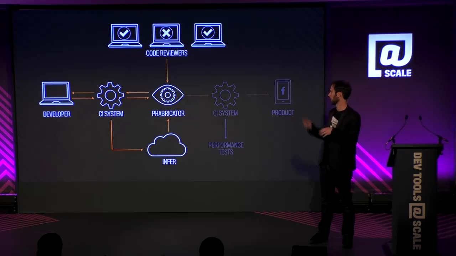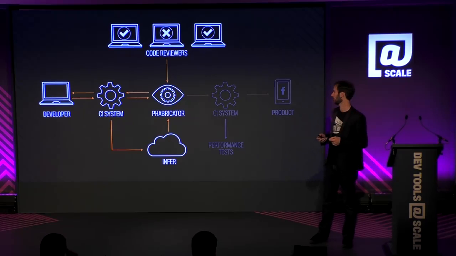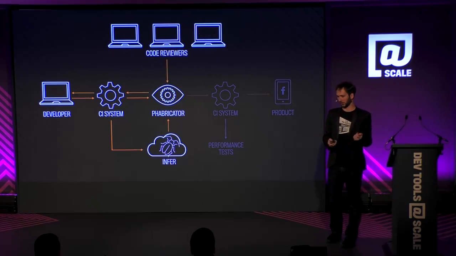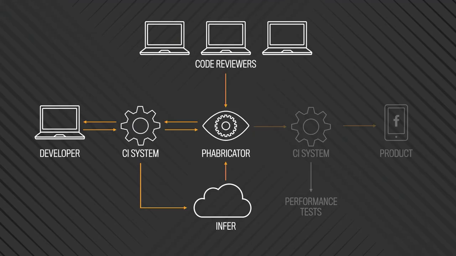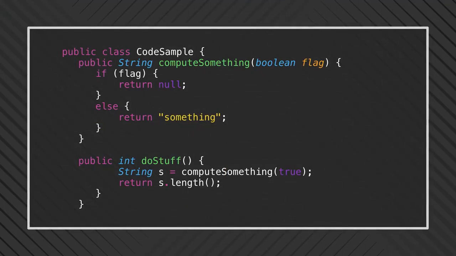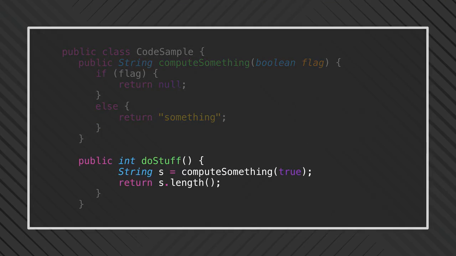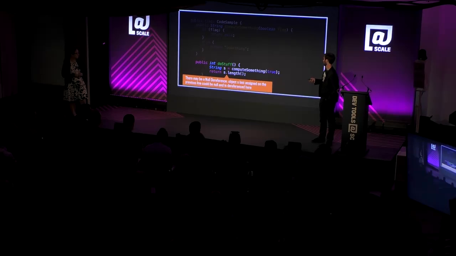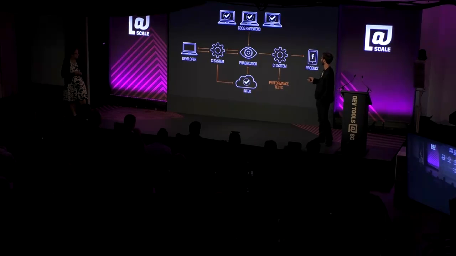So human reviewers give feedback on the diff, and at the same time, Infer also gives feedback. Just as a human reviewer, it will comment on Phabricator, adding a comment at some line saying, hey, I think you introduced a bug here. That's how it's integrated. Never mind what it actually says.